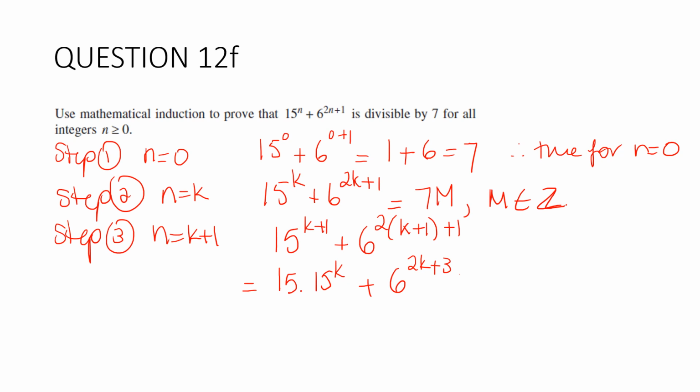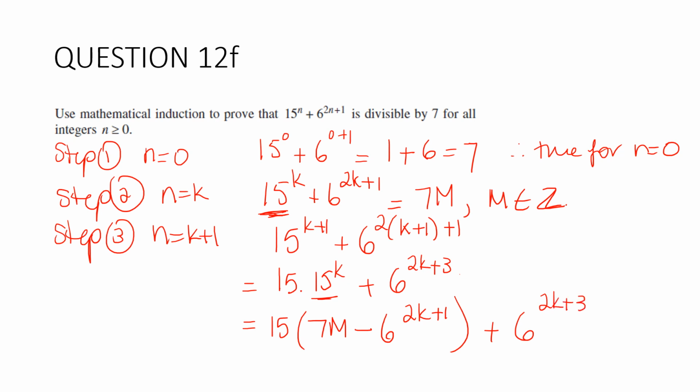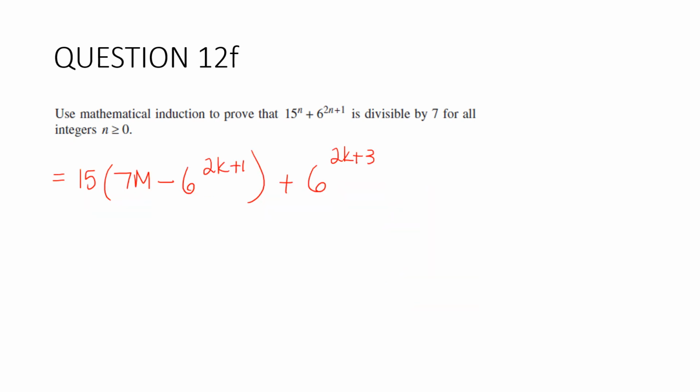All right, now I'm going to use my assumption. I'm going to substitute in for 15 to the k. So 15 lots of, making this the subject here, I'm going to have 7m minus 6 to the 2k plus 1, plus 6 to the 2k plus 3. And expanding, now I'm not going to work this product out because I want to leave that 7 visible.